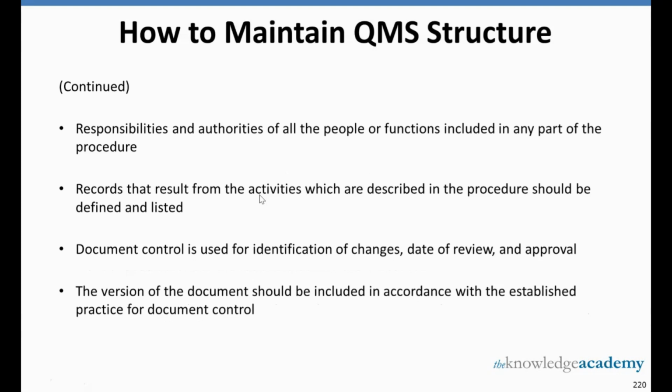Responsibilities and authorities of all the people or functions included in any part of the procedure. Records that result from the activities described in the procedure should be defined and listed. Then document control is used for identification of changes, date of review, and approval.